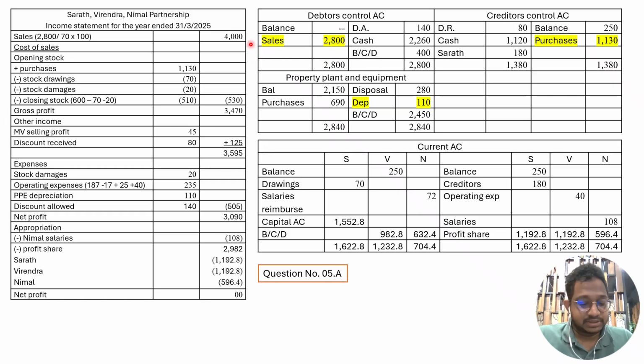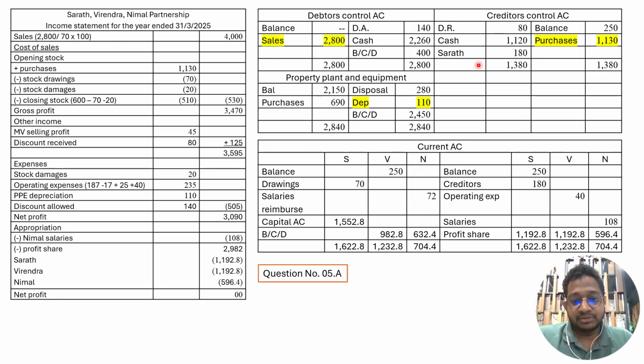And here all purchases were done on credit, so you have to find out purchases through the creditors control account. After allowing 80,000 discount, that 80,000 discount received is an income, right? And discount received in cash, you should debit to the creditors control account. And here, the interesting thing is, Sarath personally paid 180,000 to the creditors.